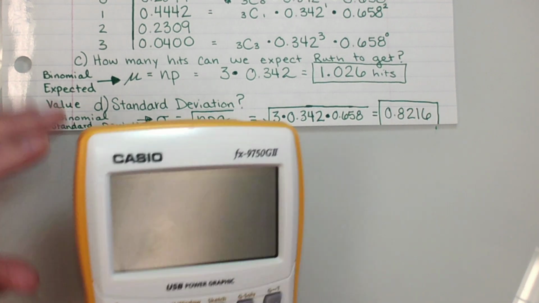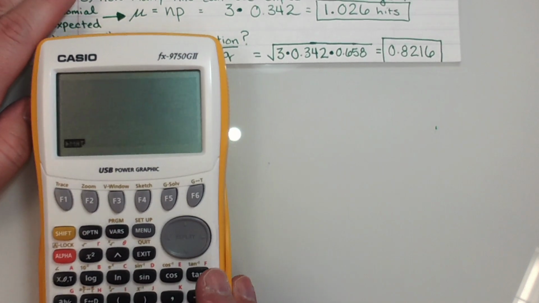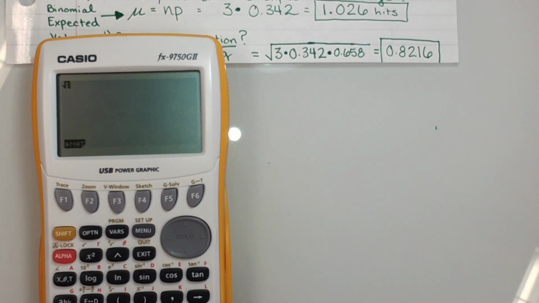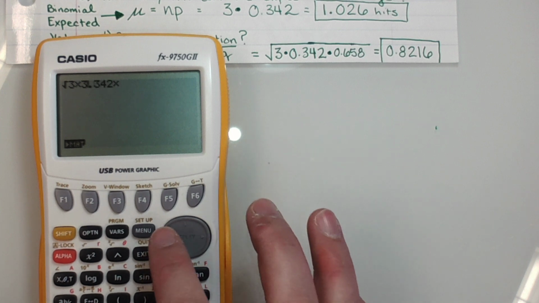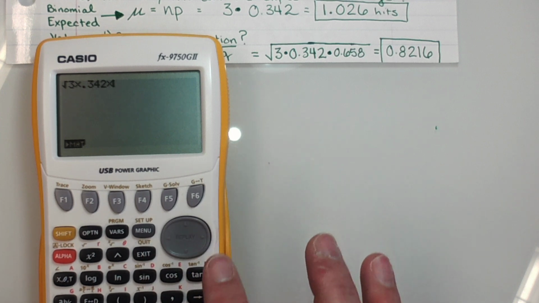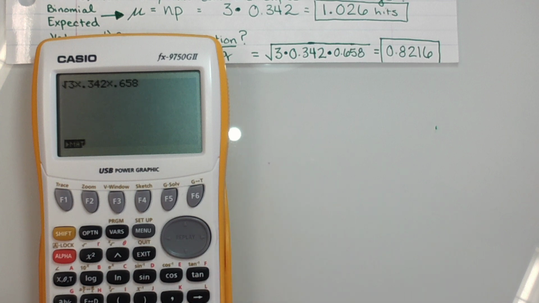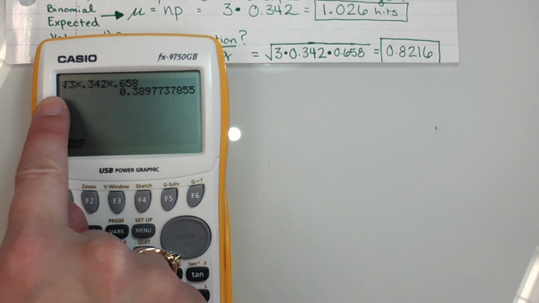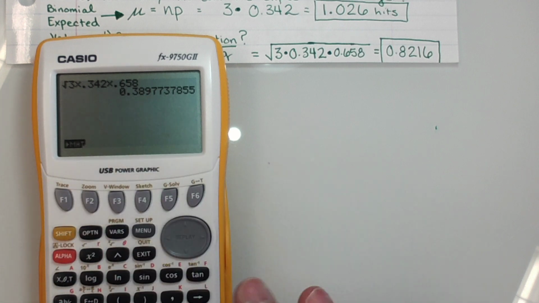Particularly on a Casio, if you do square root of 3 times 0.342 times, type it incorrectly, 0.658, it's going to give you something different because your calculator is going to determine this as the square root of 3 getting multiplied by these decimals. So make sure you got parentheses going on.